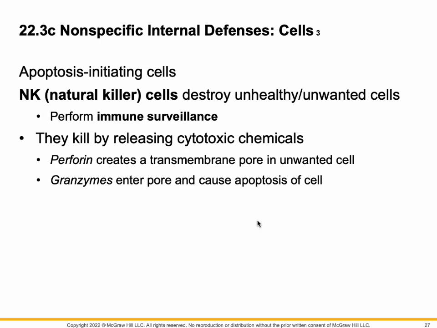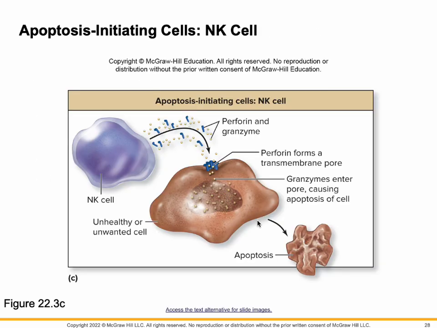Another cell type is called a natural killer cell. These are essentially types of lymphocytes, right? They're kind of derived from the lymphoid line. And these are performing something called immune surveillance. So they're kind of looking out for unhealthy or unwanted cells and then initiating responses against those. And the way that they do it is through something called perforins and granzymes, right? So think of the perforin as something that forms an opening or a hole in the membrane of a cell.